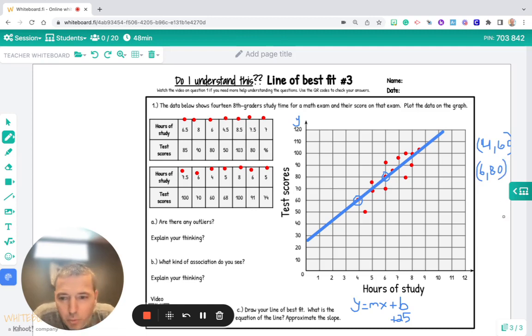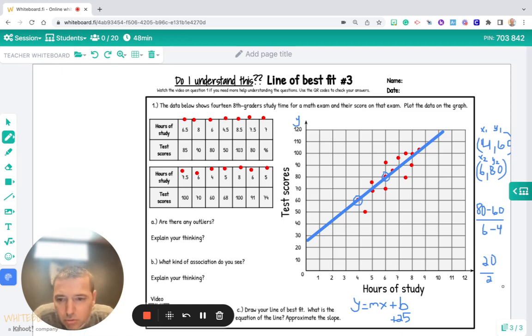So this is where we use y2 minus y1 over x2 minus x1. Remember that formula we learned for slope? This would be my x1 and my y1, and this would be my x2 and my y2. So I'd be doing 80 minus 60 over 6 minus 4. 80 minus 60 is 20, and 6 minus 4 is 2.